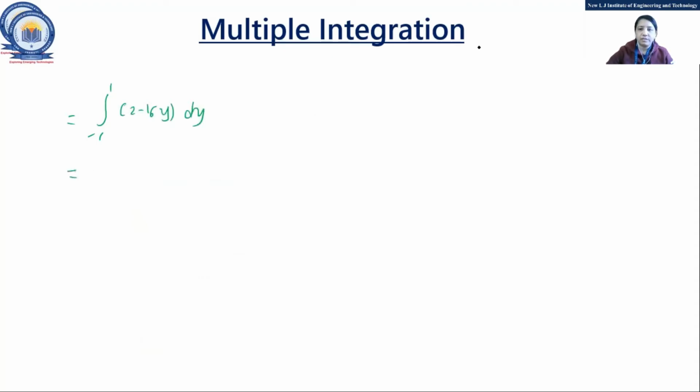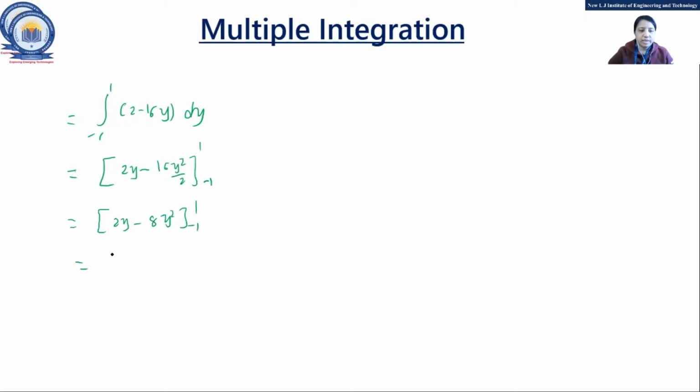Yes, 2 minus 16y, with respect to y. So again it will be 2y minus 16y square by 2, from minus 1 to 1. Now what we'll do? 2y minus 8y square, from minus 1 to 1.